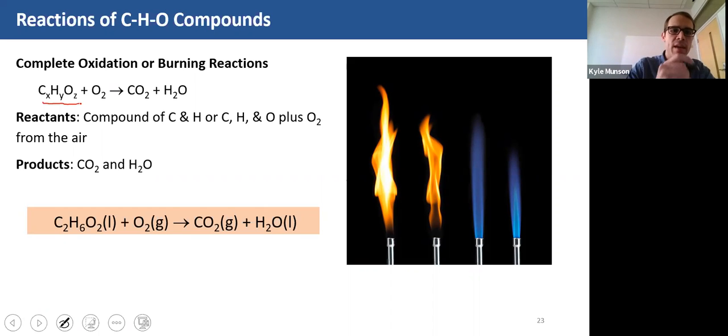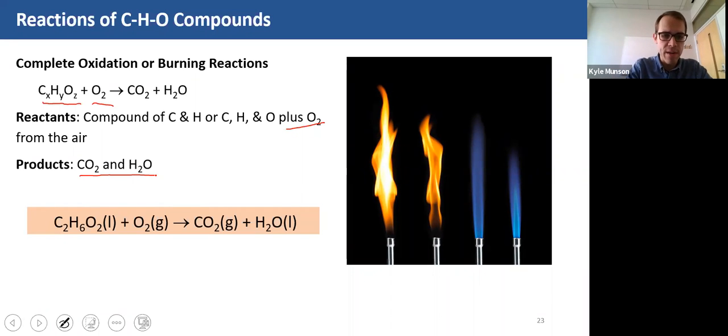And the reactants are always these compounds plus oxygen, okay? So you're going to be given a compound containing carbon, hydrogen, and maybe oxygen, and you're going to add that with oxygen. And then the products, and this is kind of easy for us to remember, are always CO2 and water.